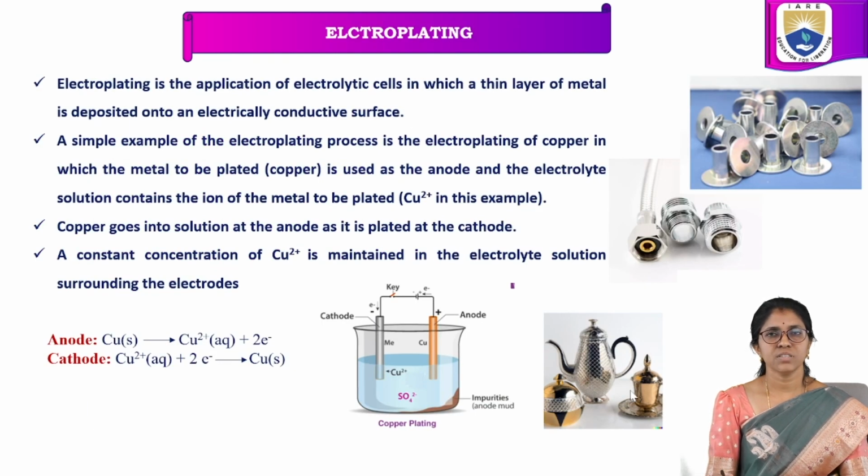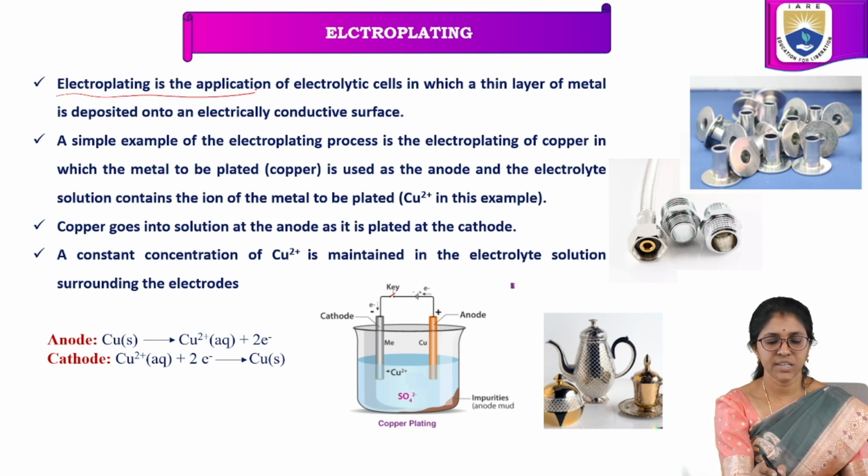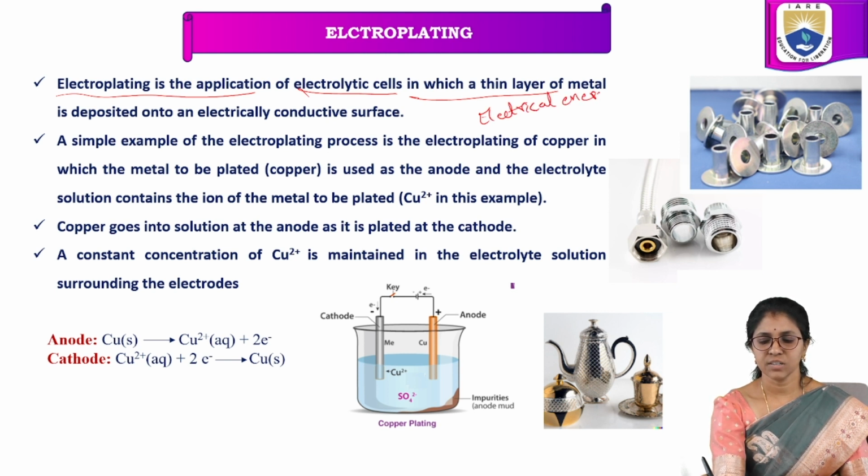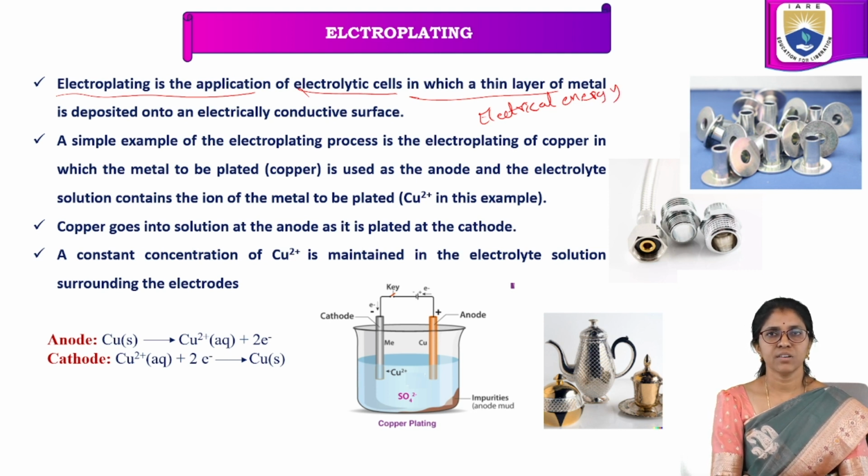The next process is the electroplating process. Electroplating is an application of the electrolytic cell, in which electrical energy is converted into chemical energy. In electroplating, a thin layer of metal is deposited onto an electrically conductive surface. We use electrical energy for the plating of coating metal on the base metal.